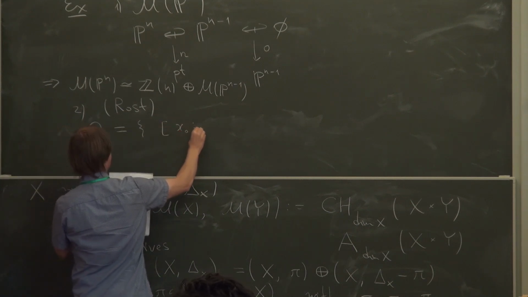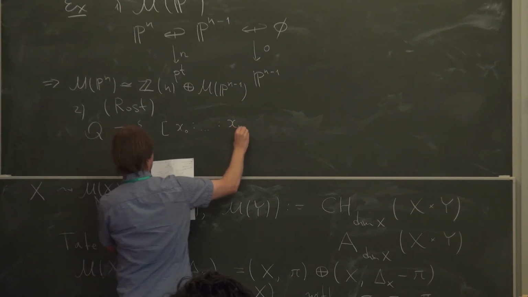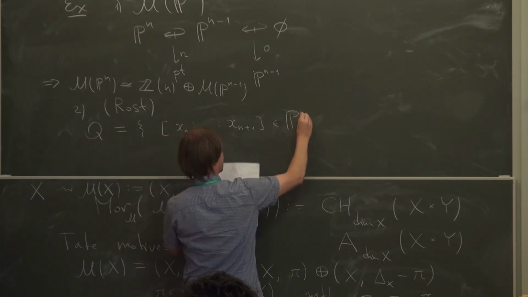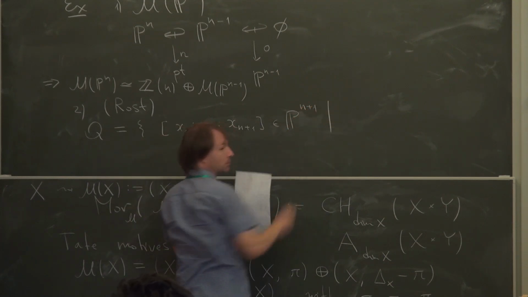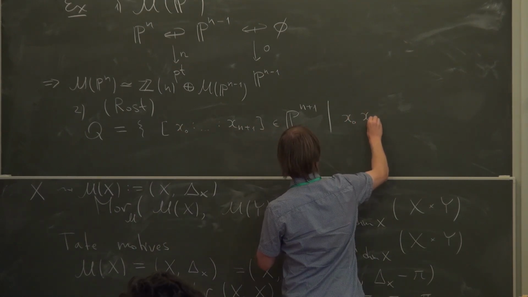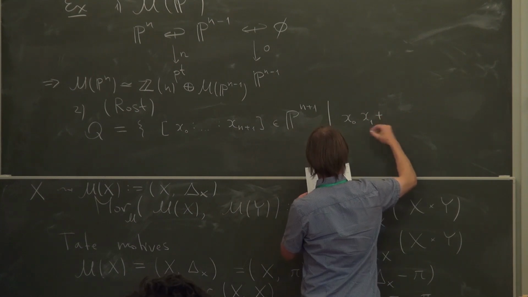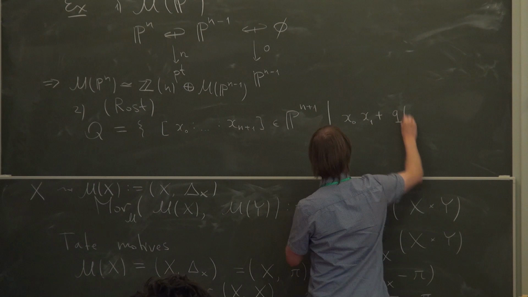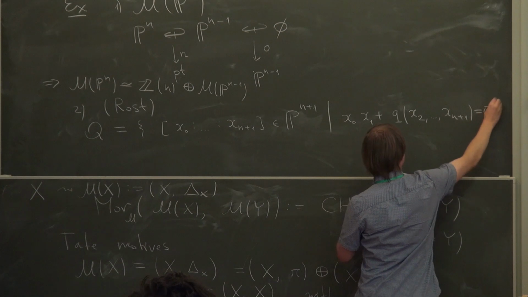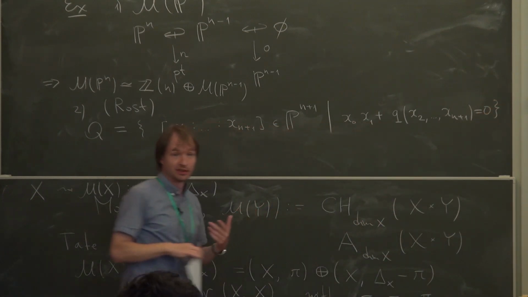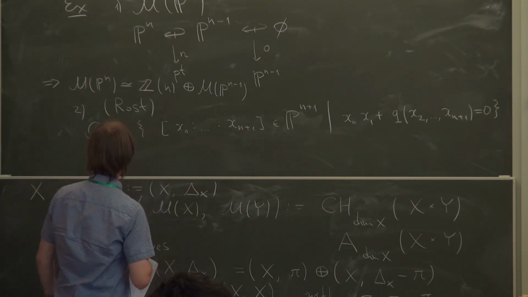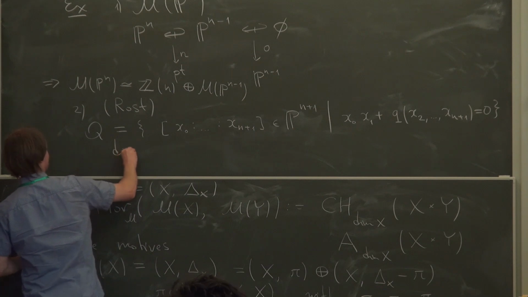In projective coordinates, we take n+1 dimensional projective space and a quadric given by the following quadratic equation, plus q times x_{n+1} squared. I want it to be n-dimensional, therefore I take n+1 here to make the dimension n at the end.